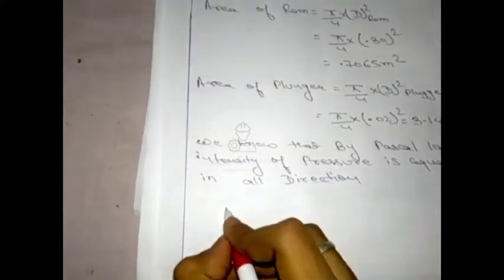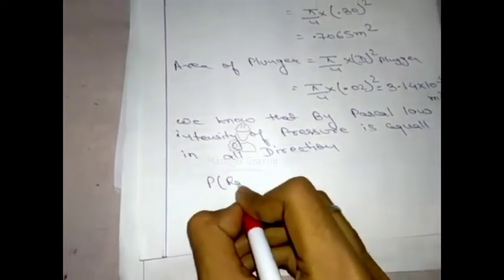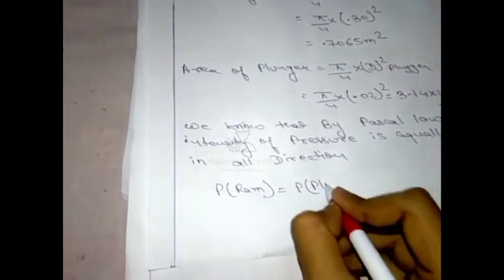So we write here P of ram is equal to P of plunger.